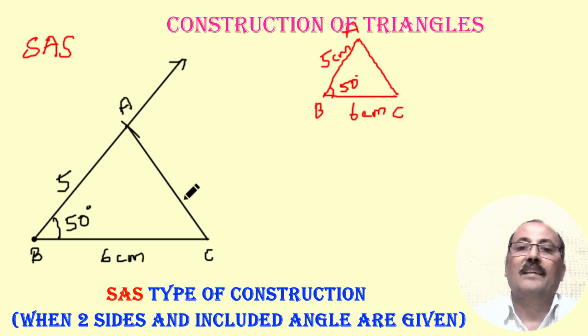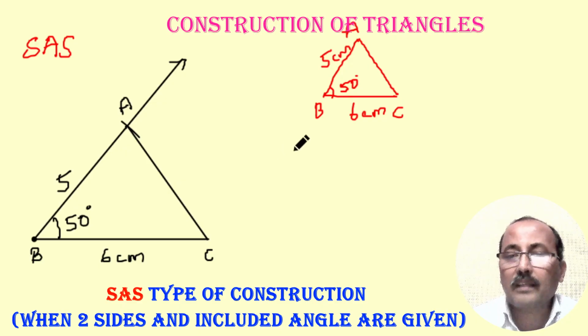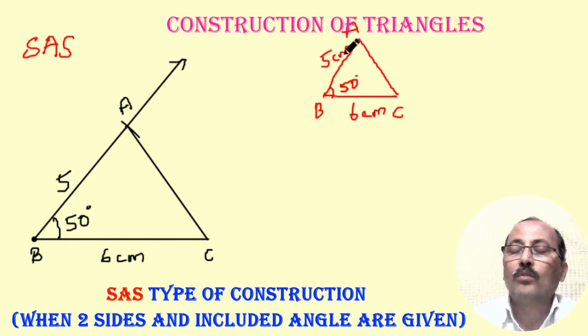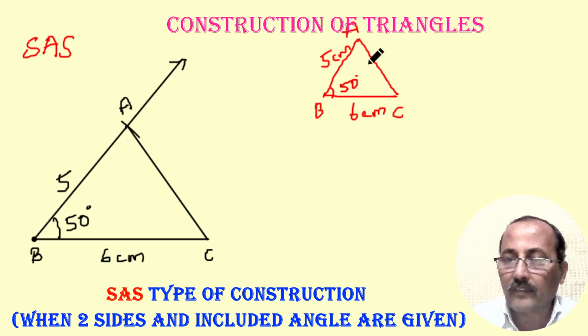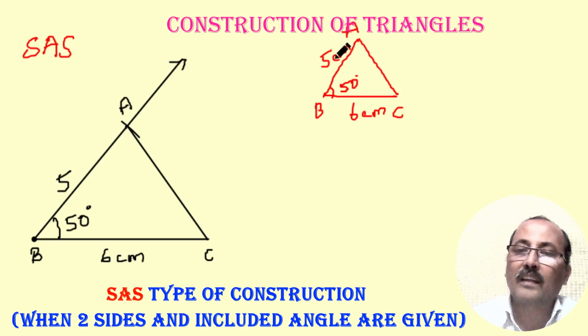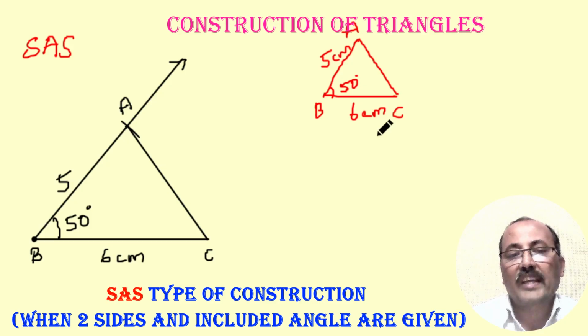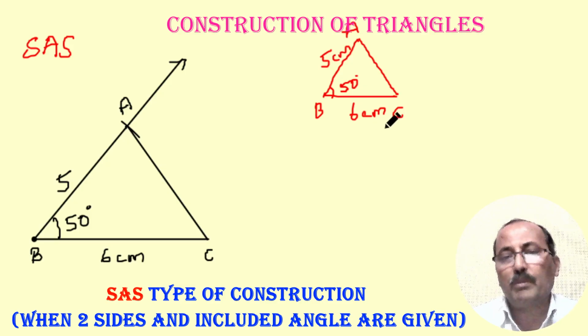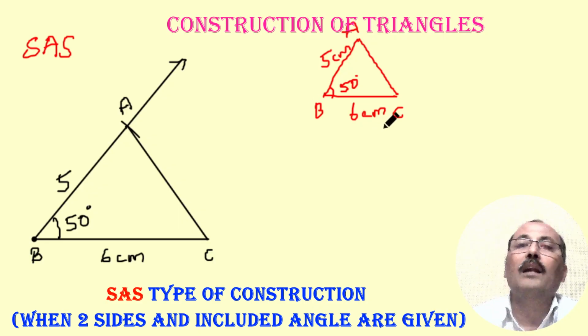This is SAS construction. Here they may give this angle, but whatever they give, any of the three angles, then also they will give the two sides. They will give with name or without name. Without name means you take your own name and draw a rough diagram and make it.